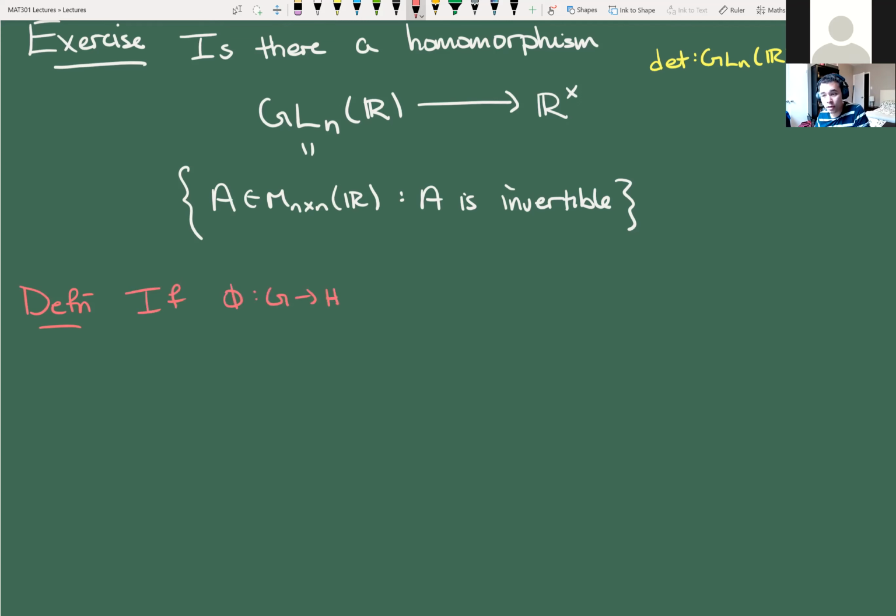So phi mapping G to H is a homomorphism. Then the kernel is the set of all things which map to the identity.